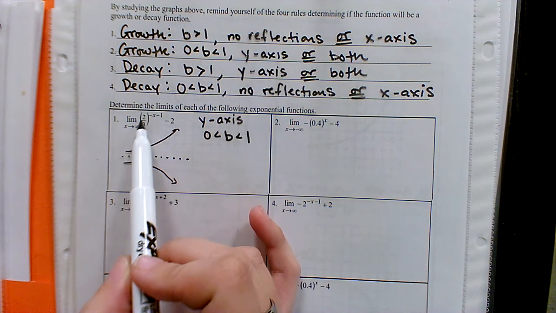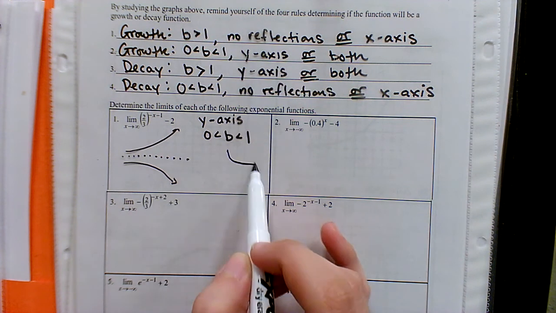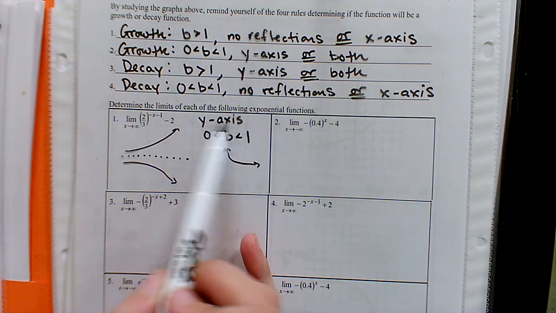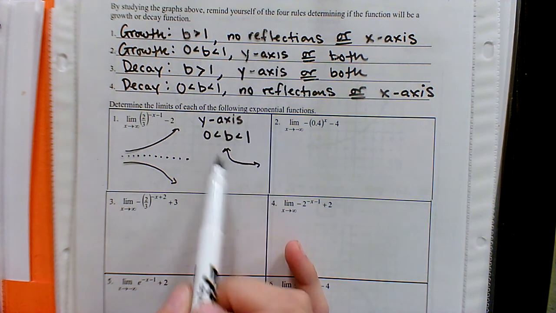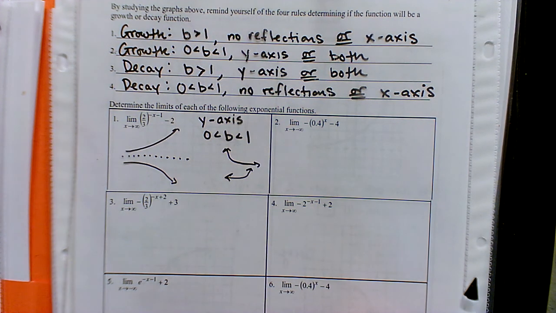Can we reason through it? Let's see. If we originally had a base between 0 and 1, the exponential function looks like that, right? And if the only reflection we had was y-axis, that means this graph is now folded left or right. So it looks something like that. Do you see how it never flipped upside down?